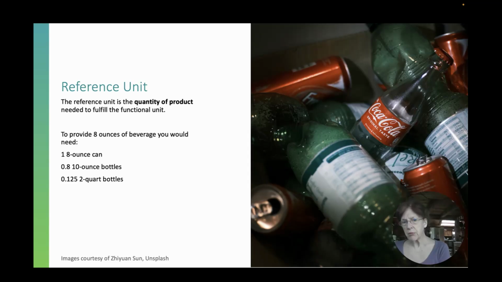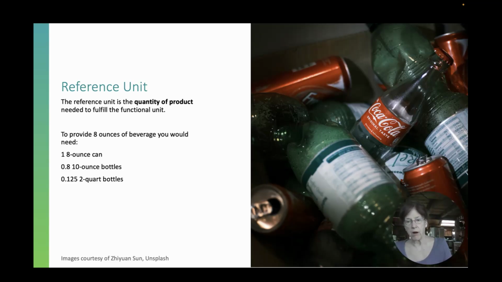So let's talk about the reference unit. The reference unit and the functional unit are often confused. If you don't see a function in your functional unit, then you have a reference unit. The reference unit is the quantity of product needed to fulfill the functional unit.